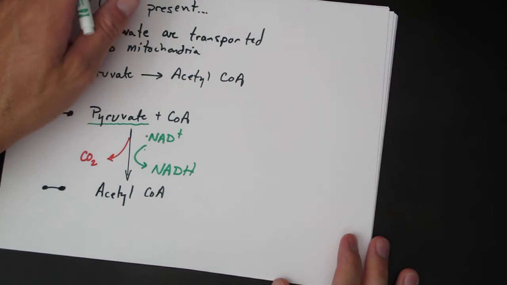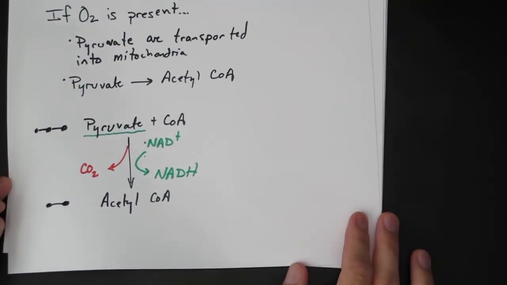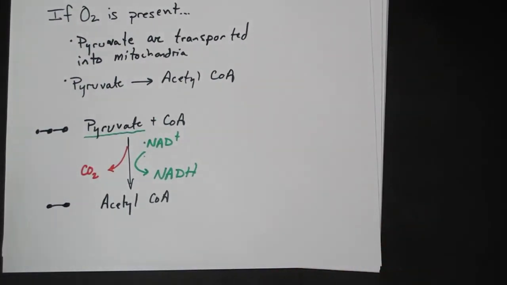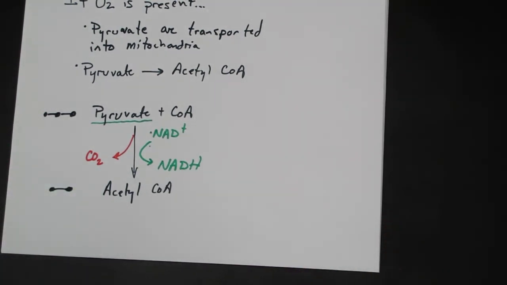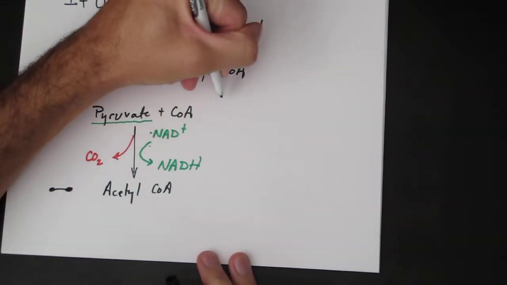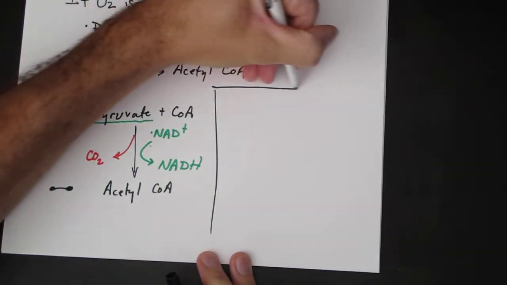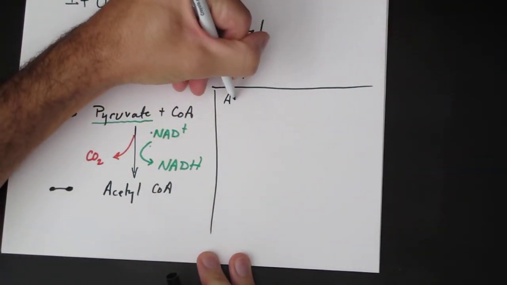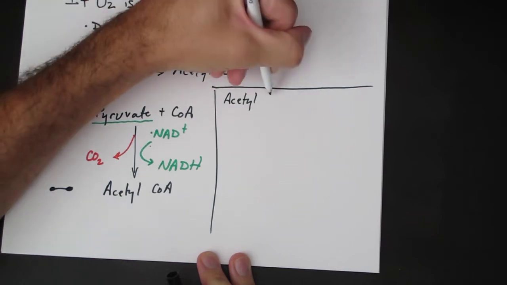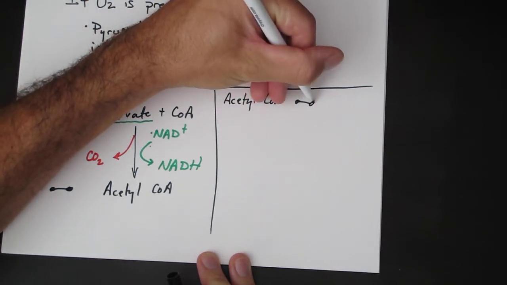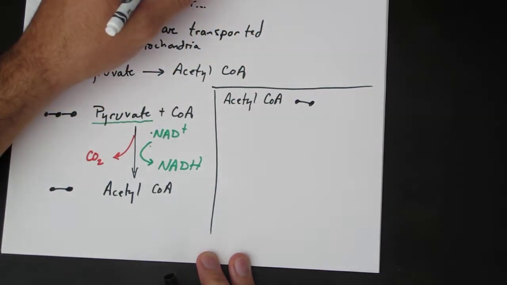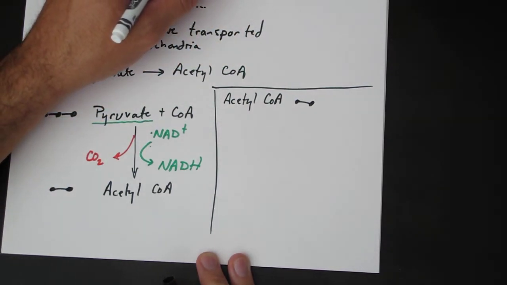Remember that for every glucose molecule, this happens twice. So we end up with 2 acetyl-CoA molecules per glucose. That acetyl-CoA, which is this 2-carbon molecule, is then going to enter the citric acid cycle.